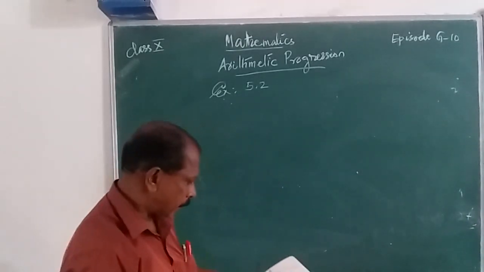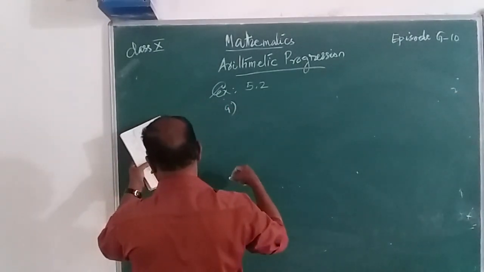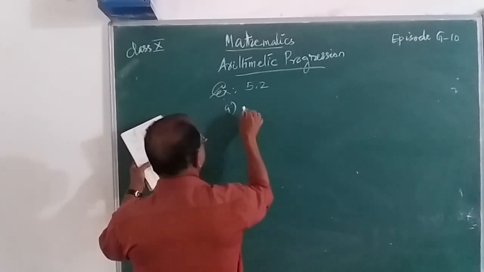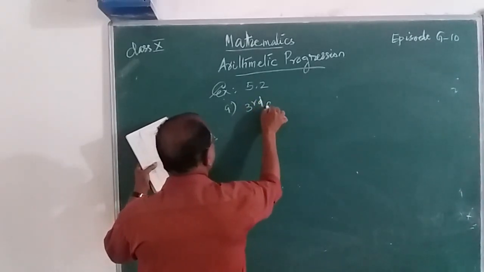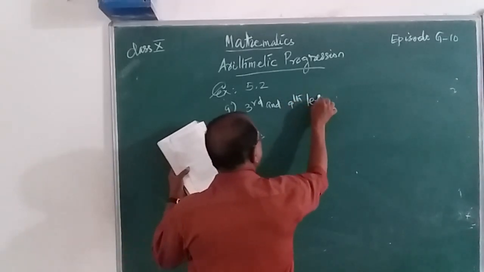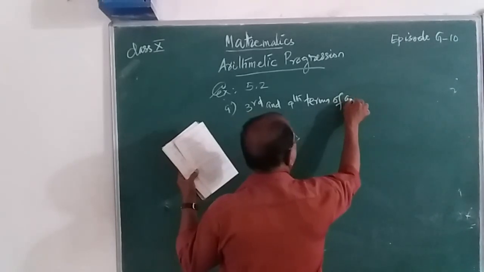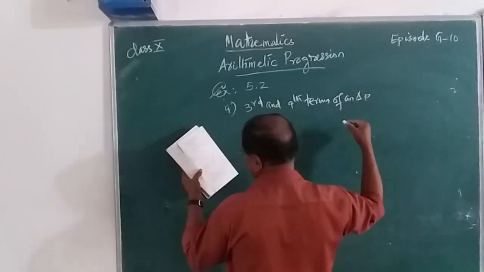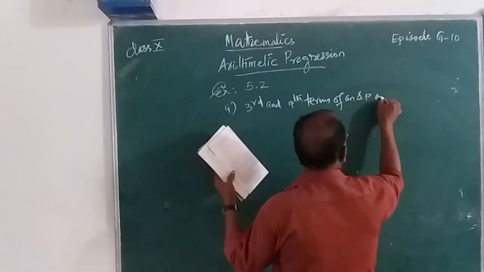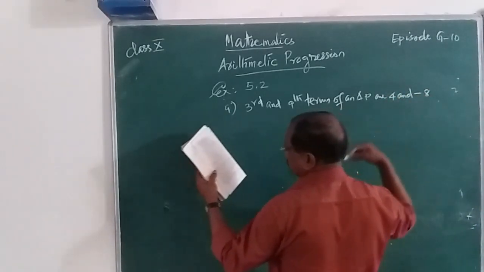Then question number 9. The third and ninth terms of an AP are 4 and minus 8.